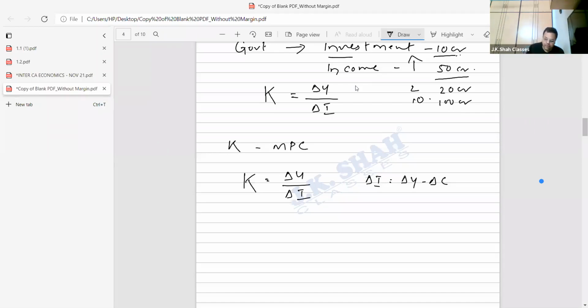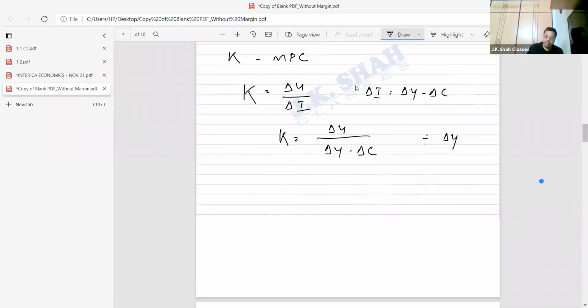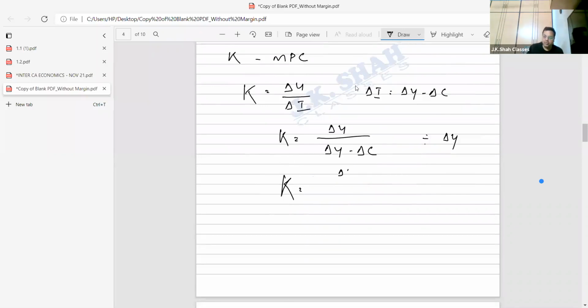So Shalini, see what I'm writing over here? K is equal to delta Y upon delta Y minus delta C. So instead of delta I I have written delta Y minus delta C. Now you divide the numerator and denominator by delta Y. So what I get, pay attention, K is equal to delta Y upon delta Y, the whole divided by delta Y upon delta Y minus delta C upon delta Y. So K is equal to 1 upon 1 minus MPC.